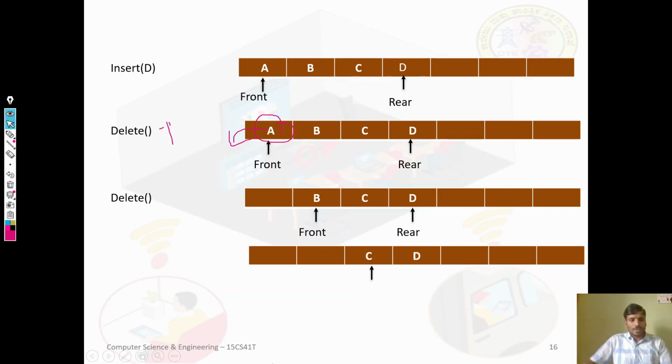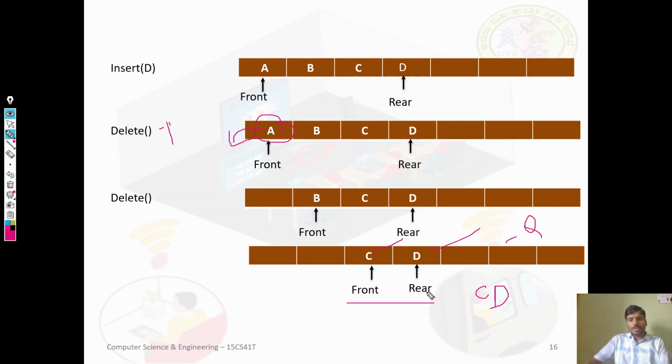So now B is deleted and make front point to the next position. So after performing 4 insert operations and 2 delete operations, at last we are having the content of the queue as C and D. So what is the content of Q?